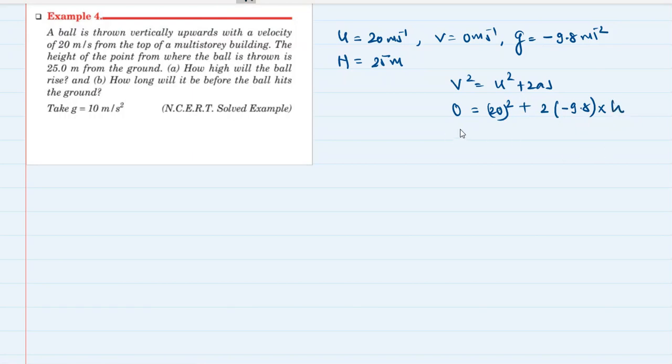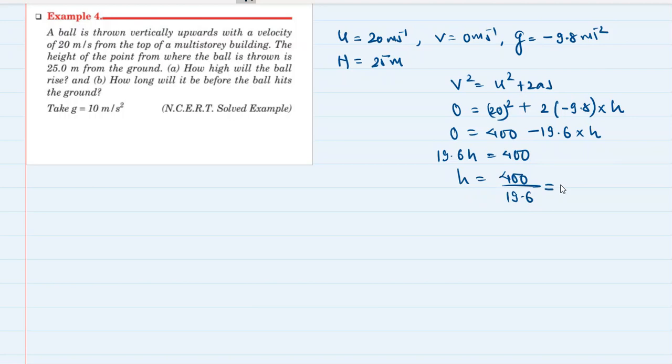So 0 is equal to 400 minus 19.6 multiplied by small h. So 19.6 h is equal to 400, or h is equal to 400 divided by 19.6.